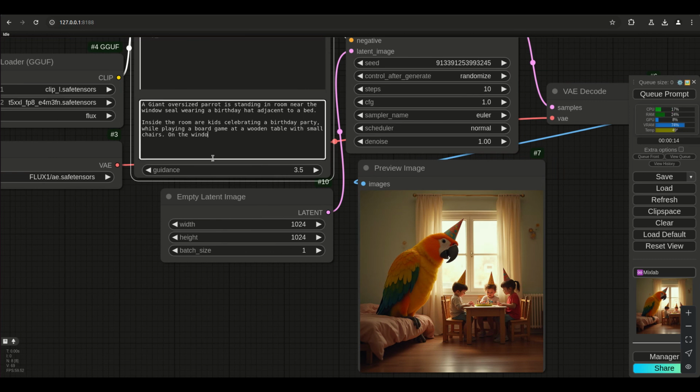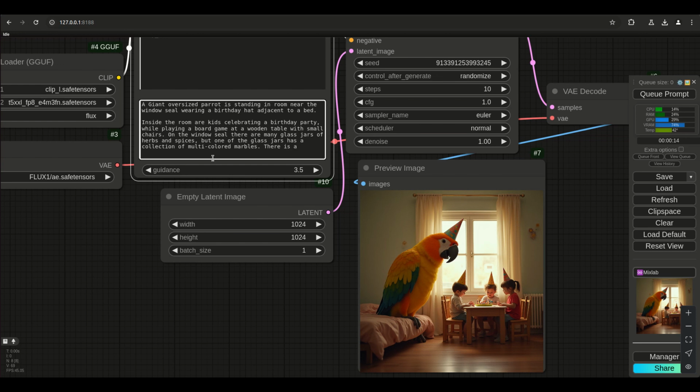On the window sill, there are many glass jars of, I don't know, what would you put in a glass jar? Just for the herbs and spices. But one of the glass jars has a collection of multi-colored marbles.